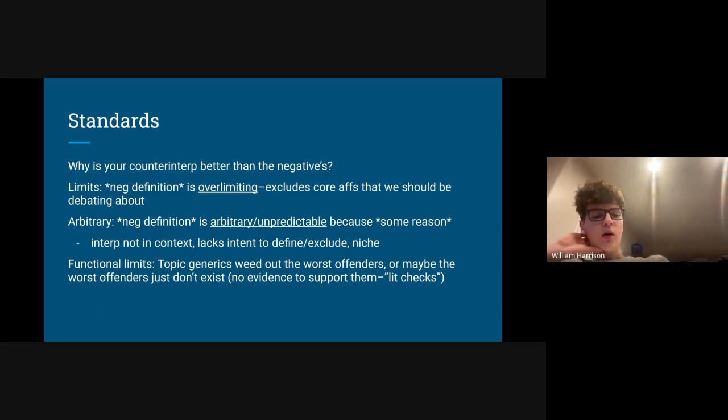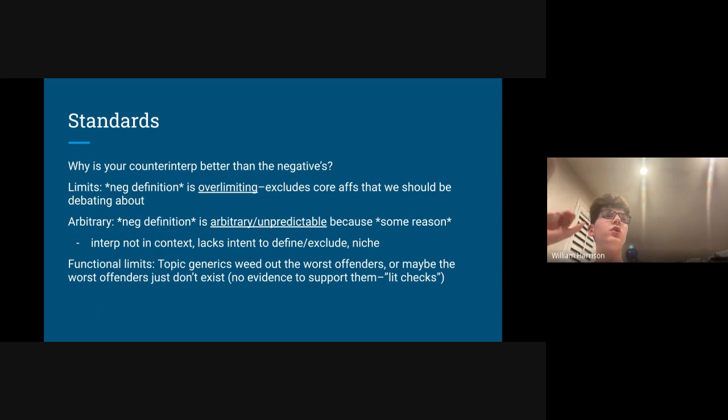And then another argument that's kind of on standards, kind of on reasonability, is functional limits. This is the argument that there are arguments that check the worst offenders of the interp. So let's say maybe the state's counterplan solves a lot of AFs that violate the neg's interp and solves them really well.